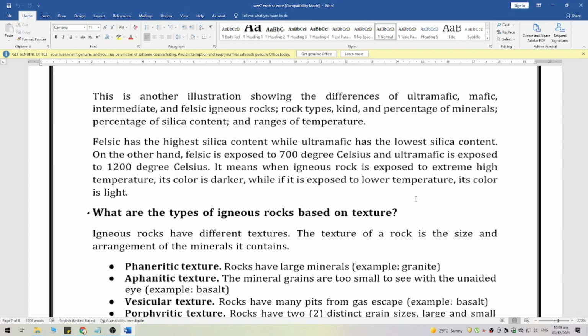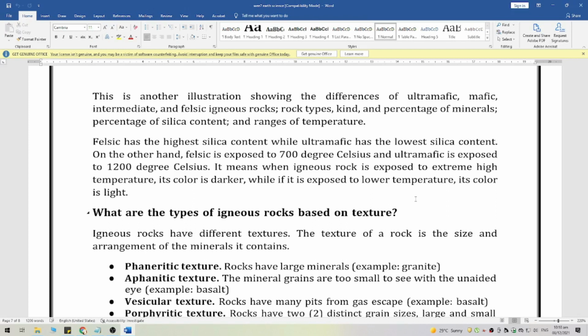On the other hand, felsic is exposed to, imagine, 700 degrees Celsius, and ultramafic is exposed to 1200 degrees Celsius. So it means when igneous rock is exposed to extreme high temperature, its color is darker, while if it is exposed to lower temperature, its color tends to be lighter.